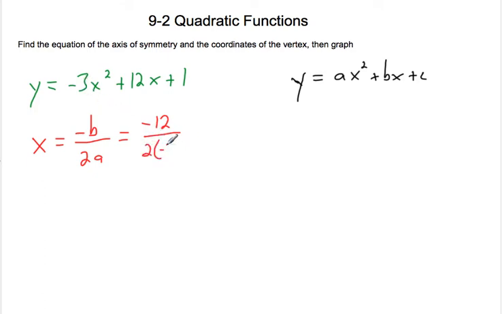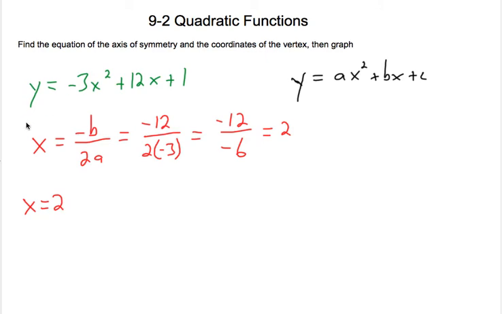So 2 times -3 in this case. And so we get -12 divided by -6 equals 2. So now we know that the x value of the axis of symmetry is 2. Okay, and the axis of symmetry is always a vertical line, so I know that x equals 2 is going to be my axis of symmetry.